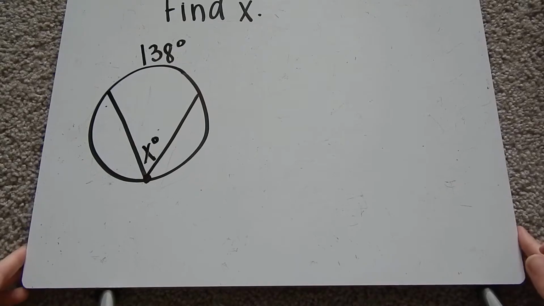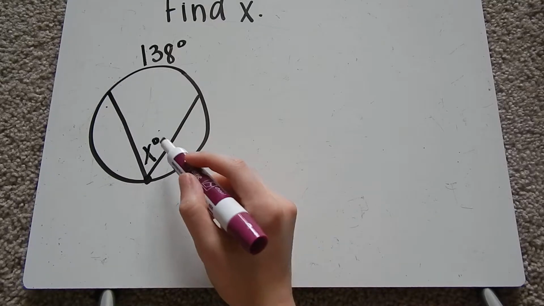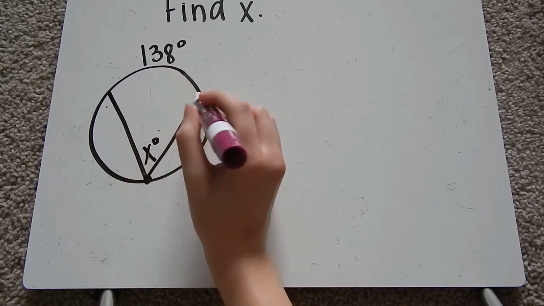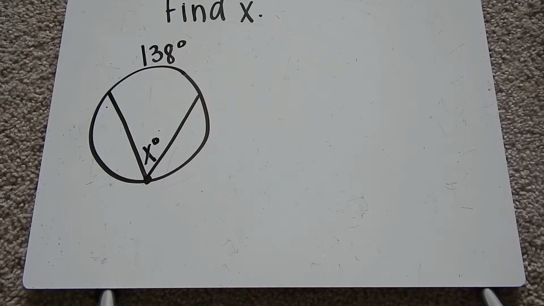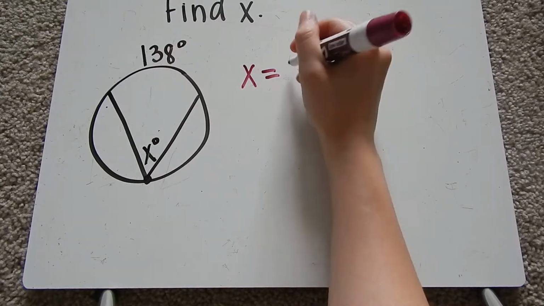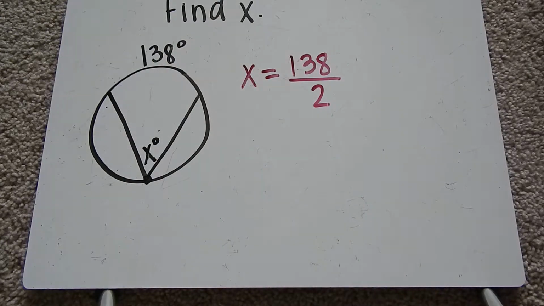So in this example, it says find x. Okay, so x is the inscribed angle. The intercepted arc is 138 degrees. So remember, x is just the intercepted arc divided by 2, or half of the intercepted arc.